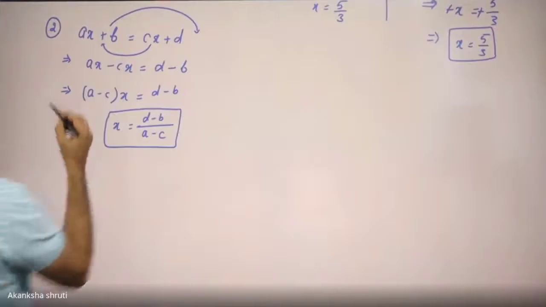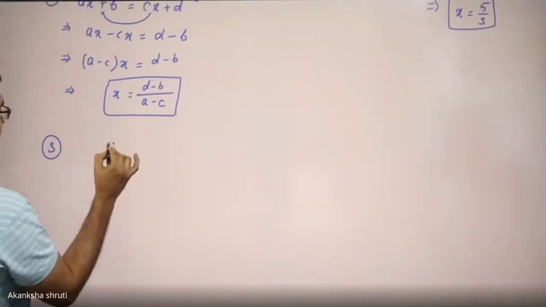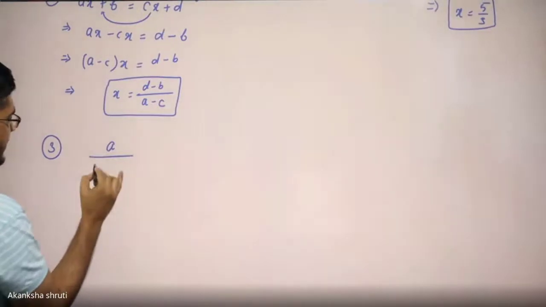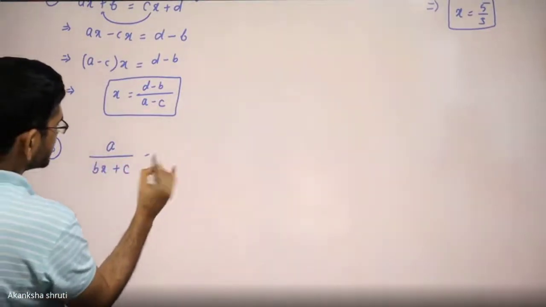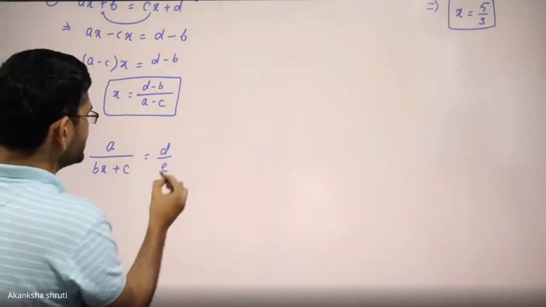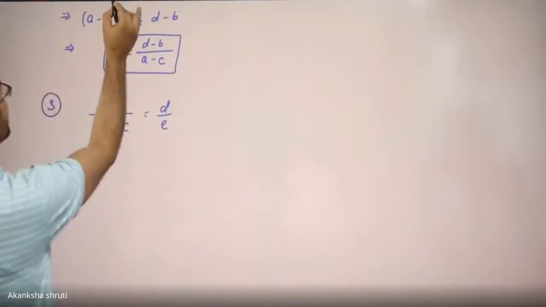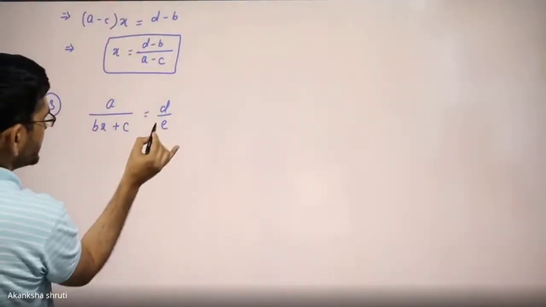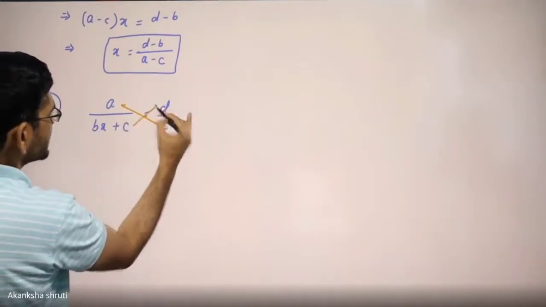common and cancel. We have also learned the third category, where a divided by bx plus c is equal to d by e. Here a, b, c, d, e must be some numbers. Even for this one, we have to go one step more: go for the cross multiplication.